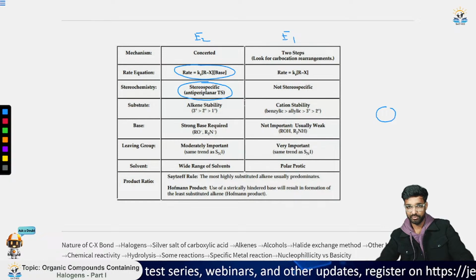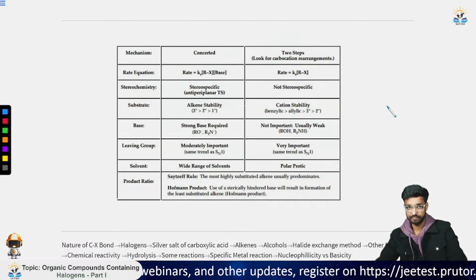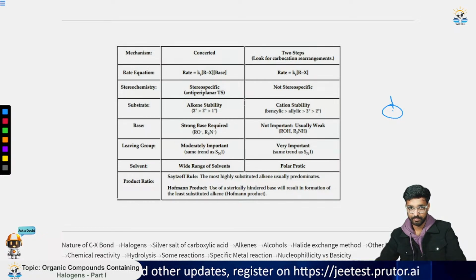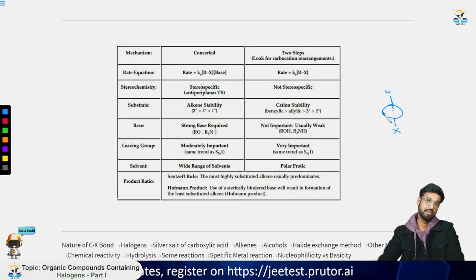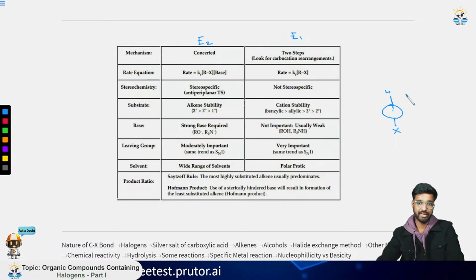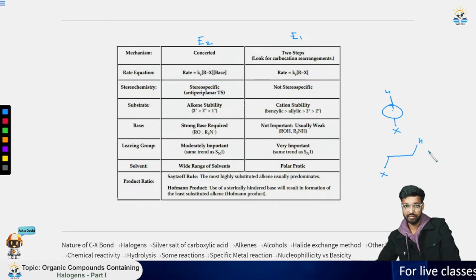Suppose we have the Newman projection of a compound having an H here, then the X that is leaving should be anti-periplanar to it. If you look sidewise, this is H, so this should be X.